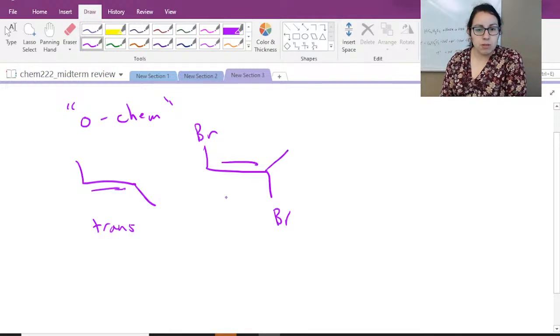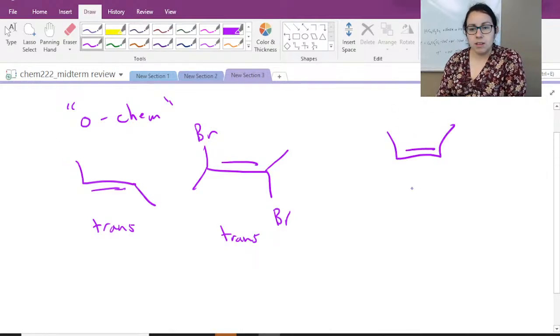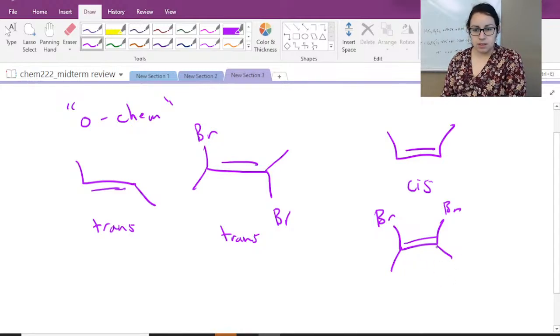We could add in a methyl group, and this would still be trans. Then anything on the same side is cis. Or we could add a bromine in, so still cis. And the key with this one is there's a double bond, so no rotation.